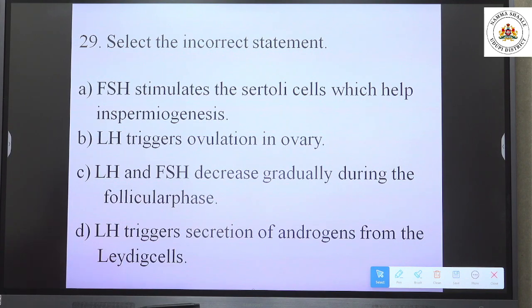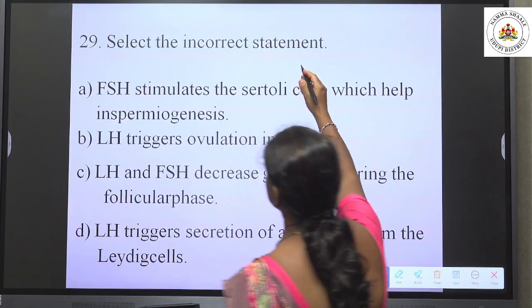The third option, LH and FSH decrease gradually during the follicular phase. And option D, LH triggers secretion of androgen from the Leydig cells. So here the incorrect statement.